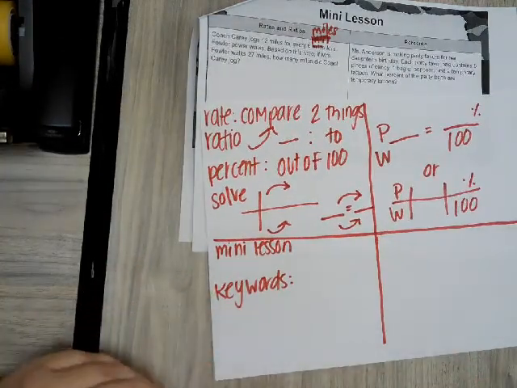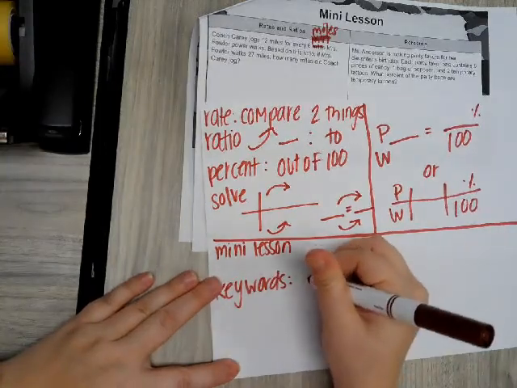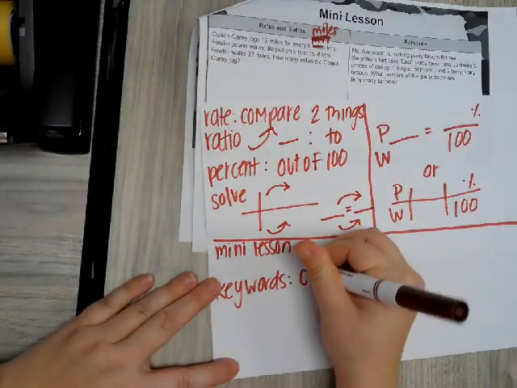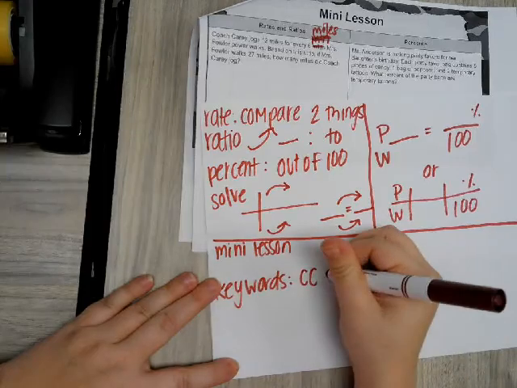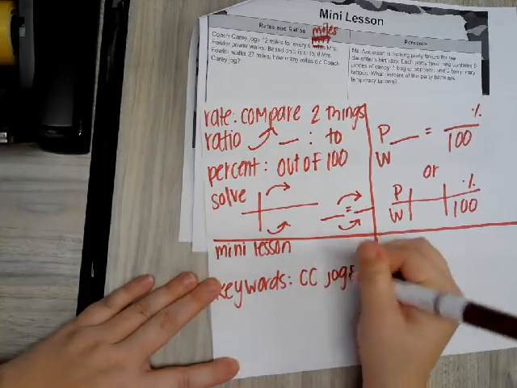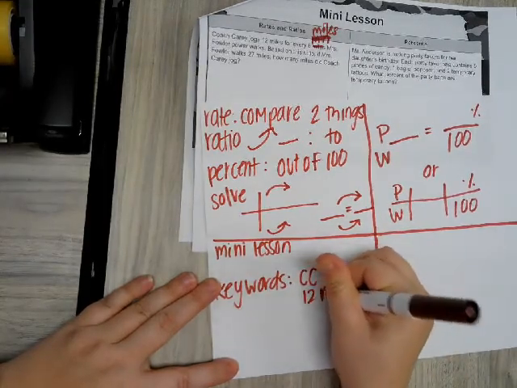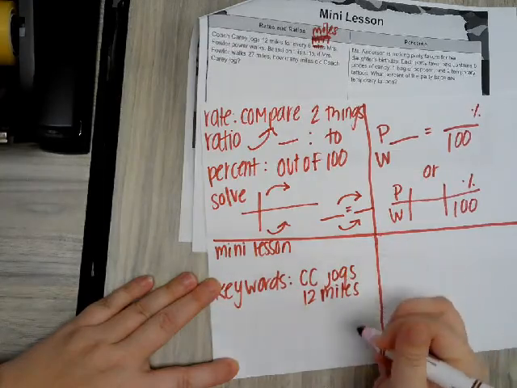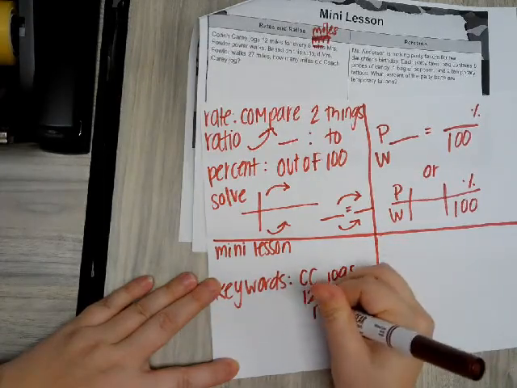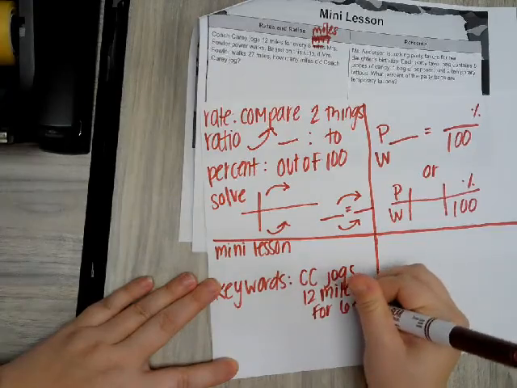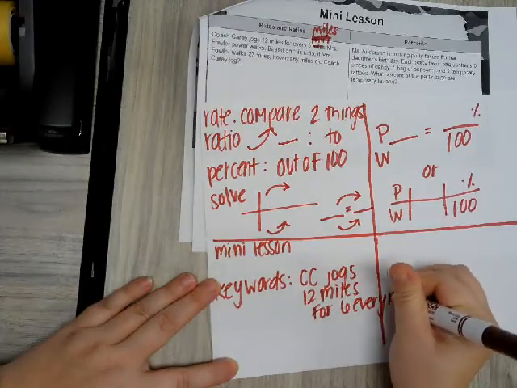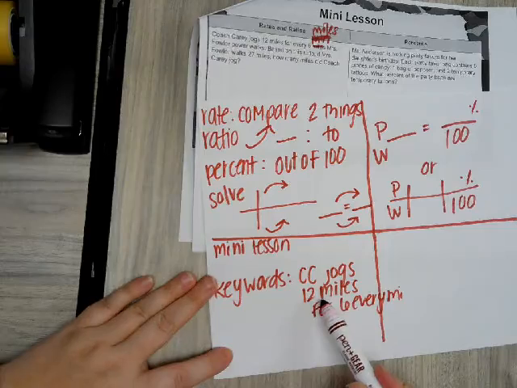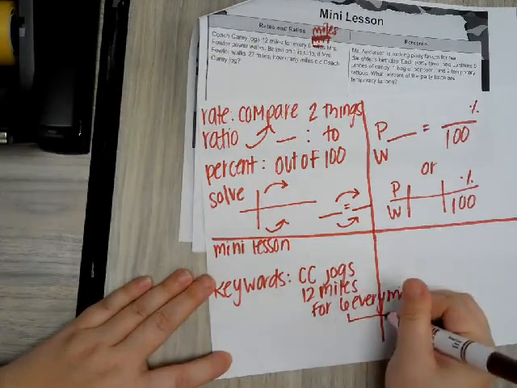All right, let's go ahead and write what we know. We know that Coach Carey jogs 12 miles for every 6 miles. So he jogs 12, he's going to walk 6.